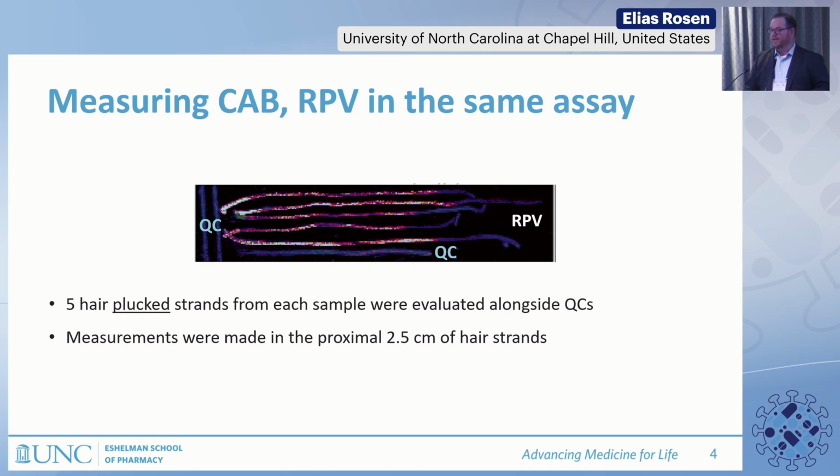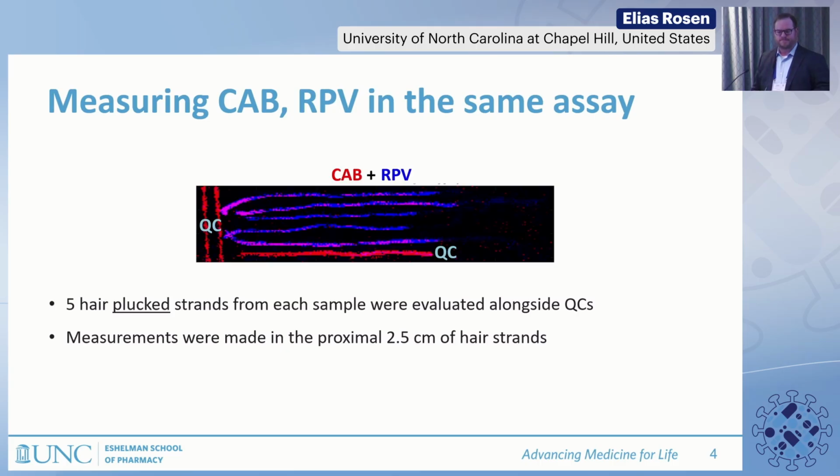Typically, we're evaluating the proximal roughly 2.5 centimeters of these strands. And then we can overlay these distributions with cabotegravir in red and rilpivirine in blue to look at co-localization of these drugs.